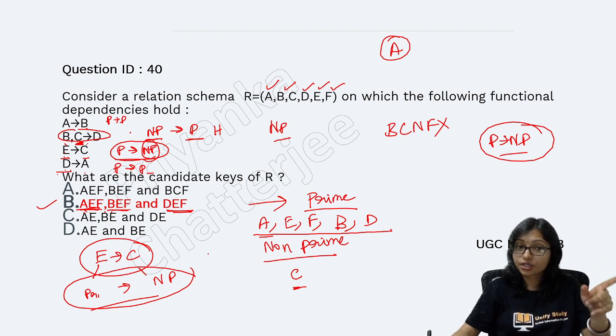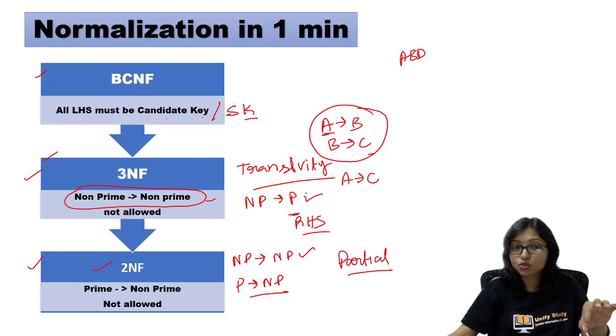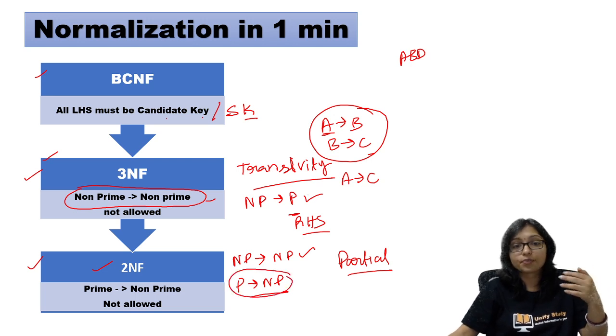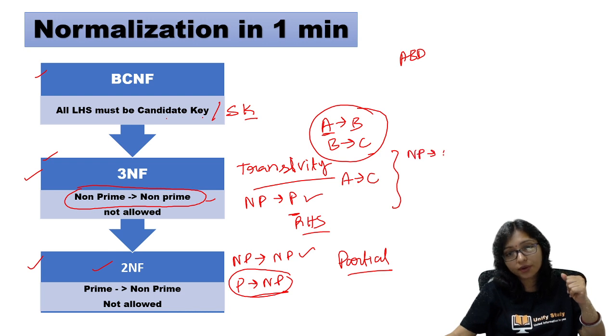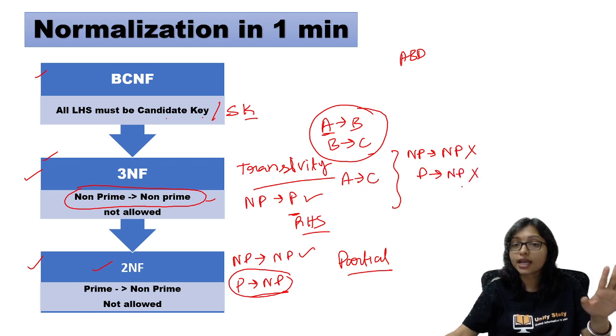For 3NF, we are checking non-prime to non-prime, and that constraint is always there. Prime to non-prime, that constraint will also always be there. So in 3NF, what are the things we need to check? Non-prime to non-prime is not allowed. Prime to non-prime is also not allowed because it is part of 2NF.